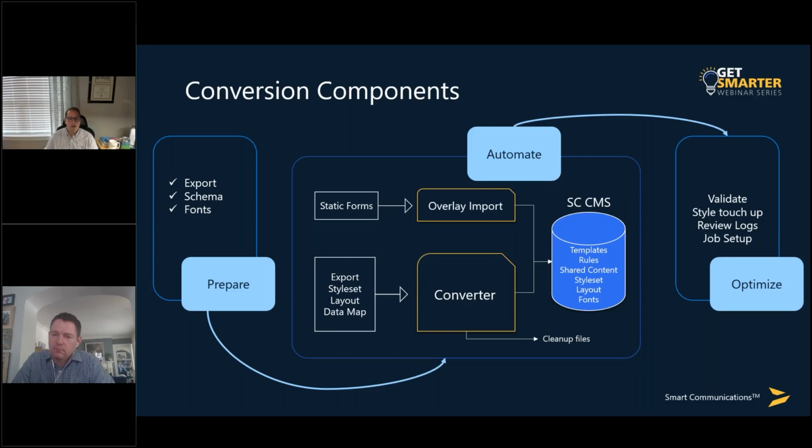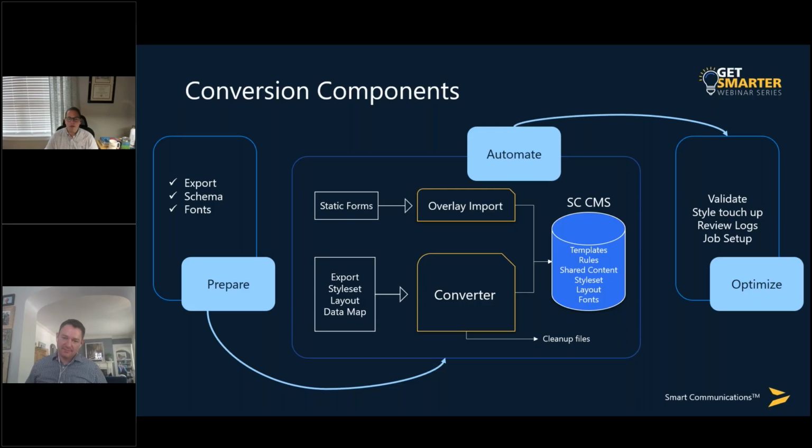And for anyone that tells you they could automate things 100%, they're lying to you. Automation is never an easy button. There's definitely some additional cleanup that's going to happen. Usually you'll see about a 60 to 80% increase in speed to migrate templates with automation tools as compared to authoring from scratch.